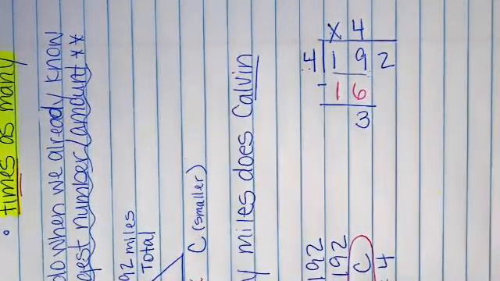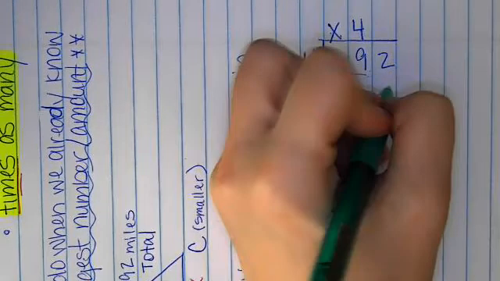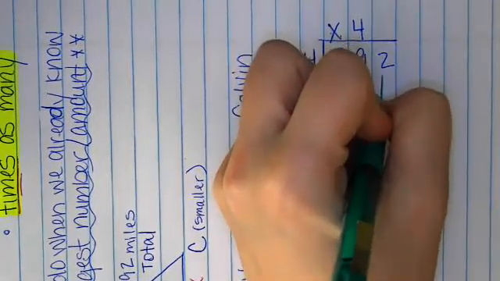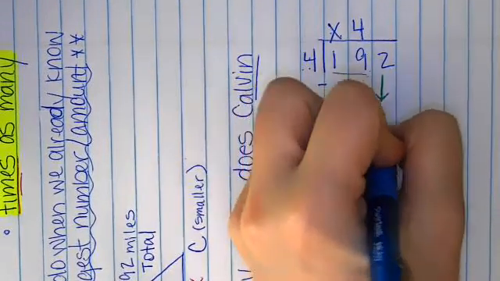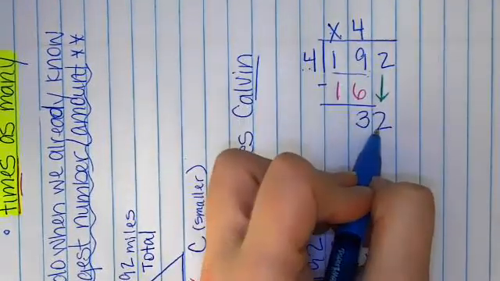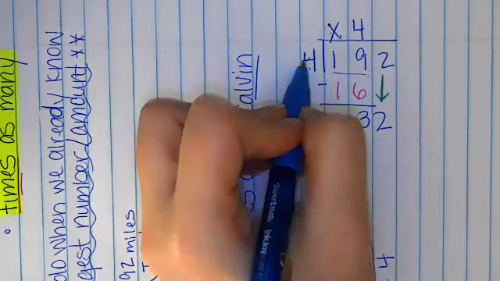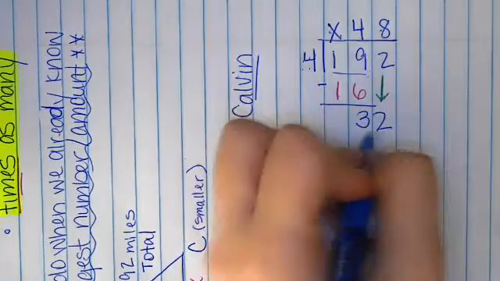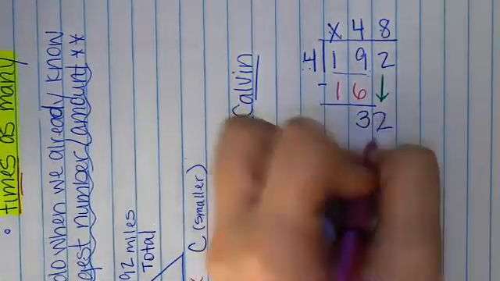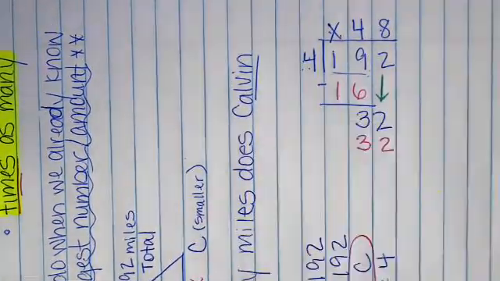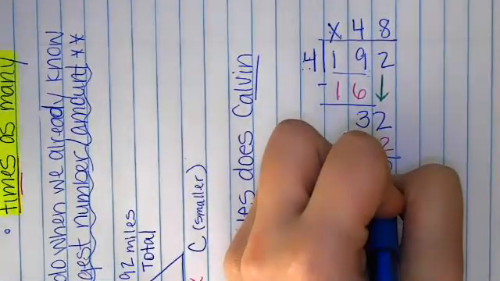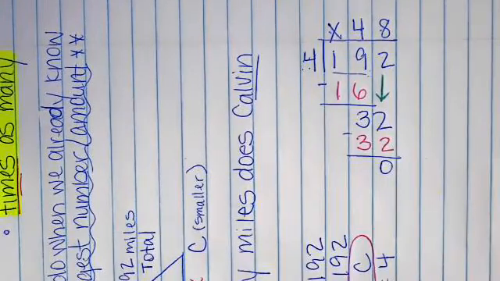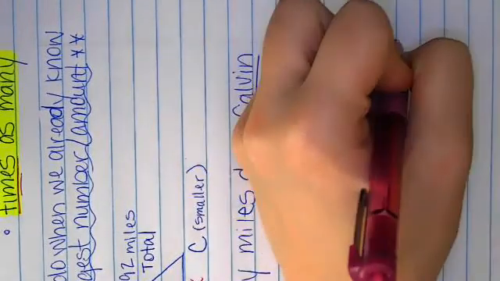I'm going to bring down the 2. So I have 32. 32 divided by 4 is 8. 4 times 8 is 32. I'm going to finish this problem all the way out. 32 take away 32 is 0. So my quotient to this problem is 48.